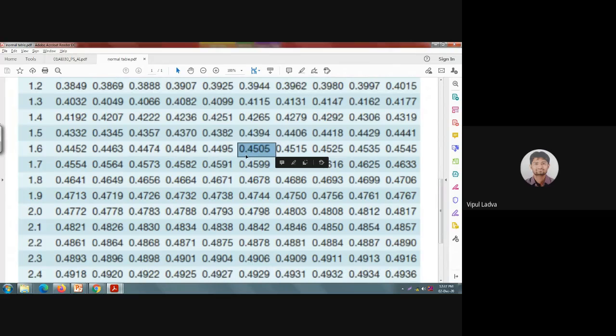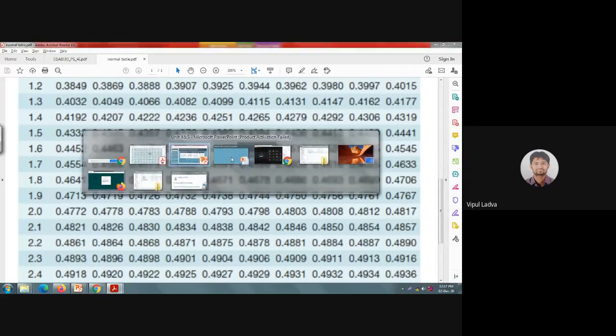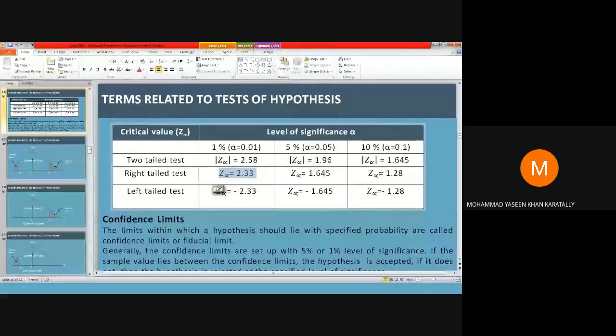So 1.64, 1.65 का अगर आप एवरेज निकाले तो क्या होगा? चलिए कौन बताएगा मुझे जल्दी से. 1.645. Yes, and observe the value over here. Yes, Mohammed, observe this. Is it 1.645? So this is the reason why the Z critical value, Z alpha, for 5% level of significance is 1.645.